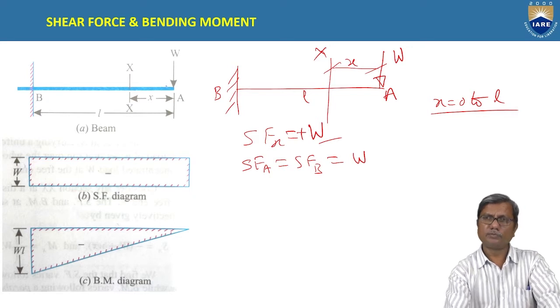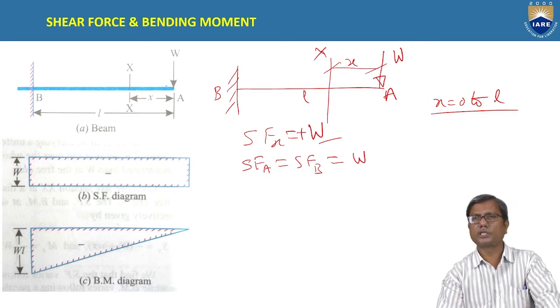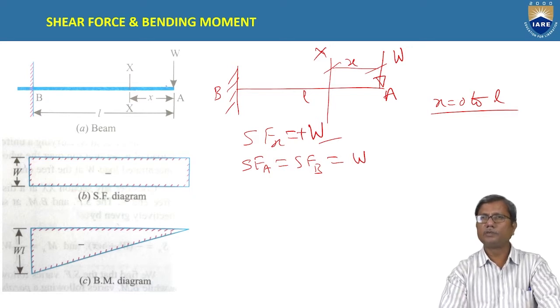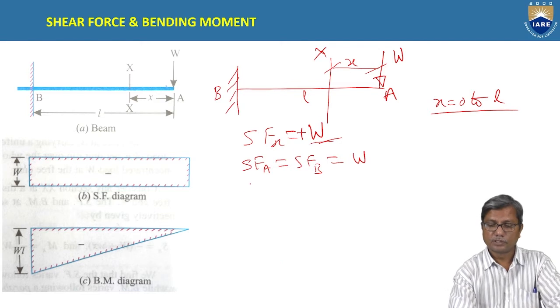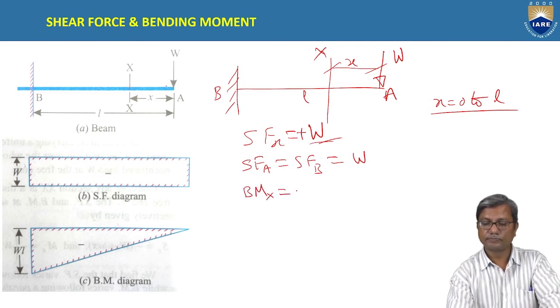At any other point in between also, the shear force is the same, constant. It is independent of the position of the section. It is clear from this equation. Understand?